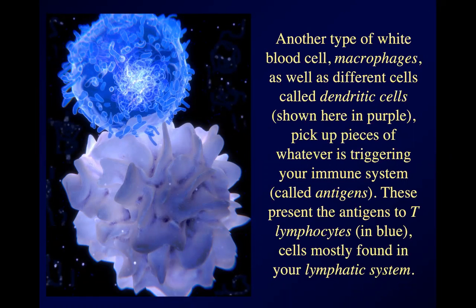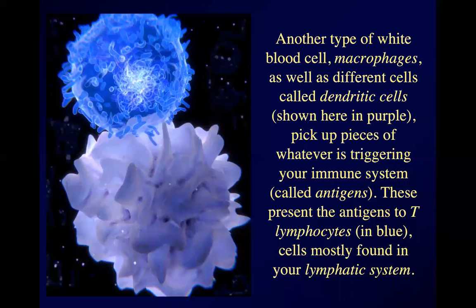T lymphocytes are mostly found in a system of structures that you may not really be aware of, called your lymphatic system. Your lymphatic system is a system of very thin-walled ducts that passes through most of your body. Lymphatic vessels are connected to lumps of specialized tissue called lymph nodes. And if you've ever had a throat infection, you might remember the doctor feeling around the angle of your jaw, kind of where your jaw meets your neck.